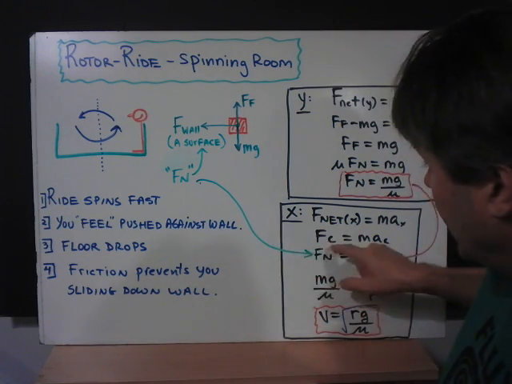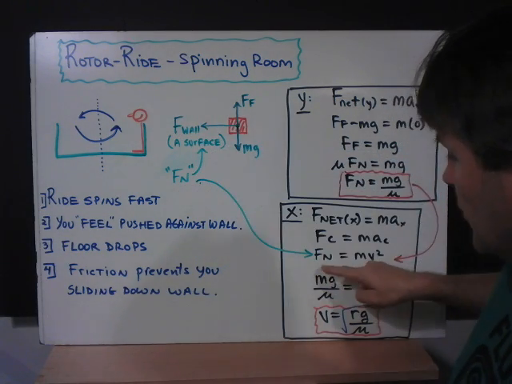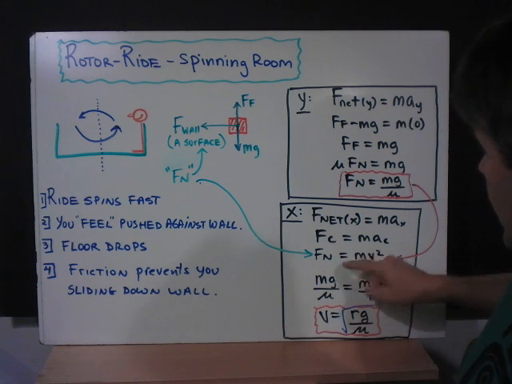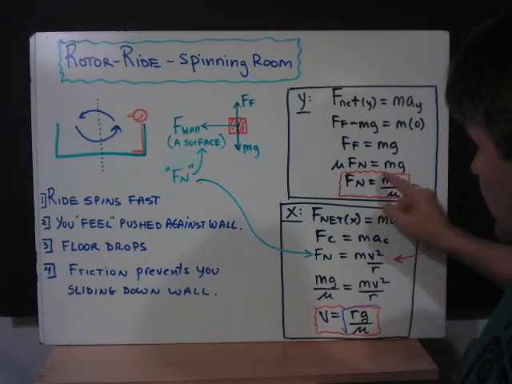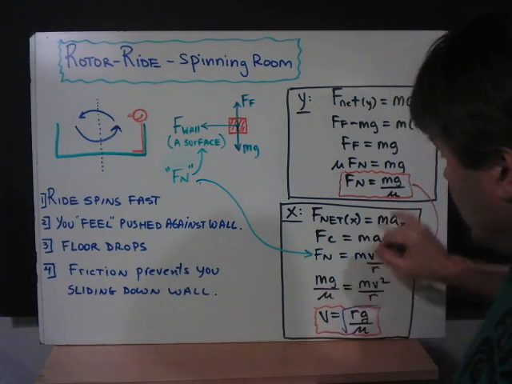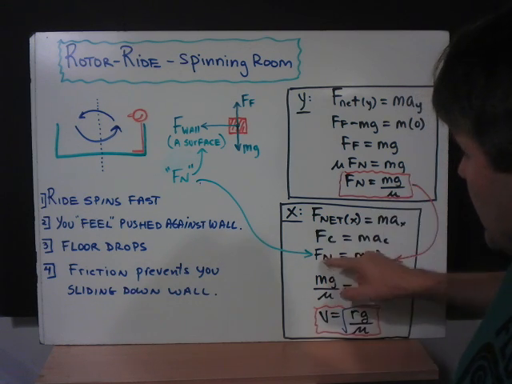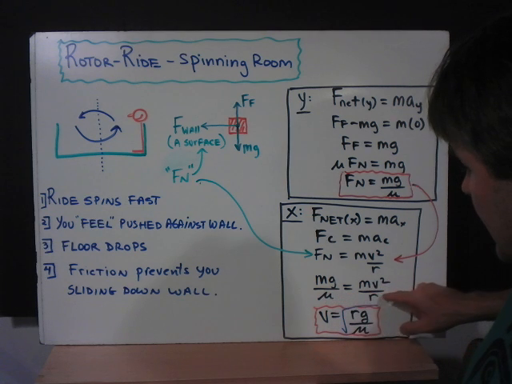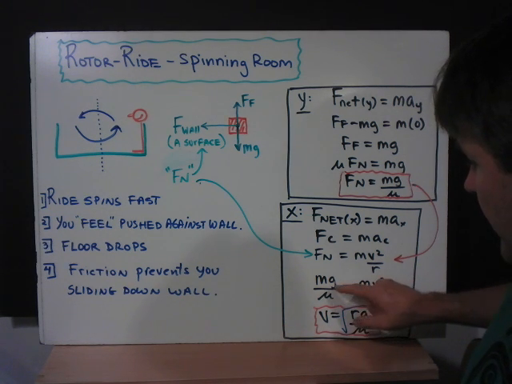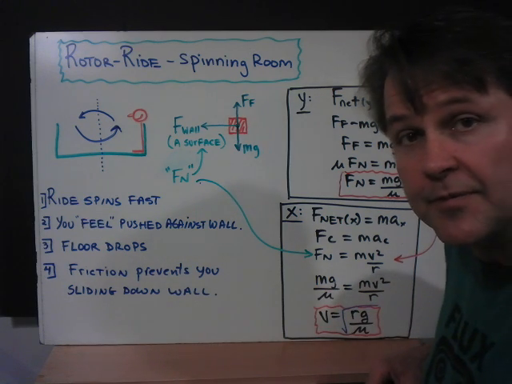We said earlier that the centripetal force is provided by the normal force of the wall, and we also said that the normal force is equal to mg divided by mu. So we can do two substitutions in sequence here. Replace the Fn with mg over mu, and then we have this statement, and you can see that we can cross off the masses from either side.